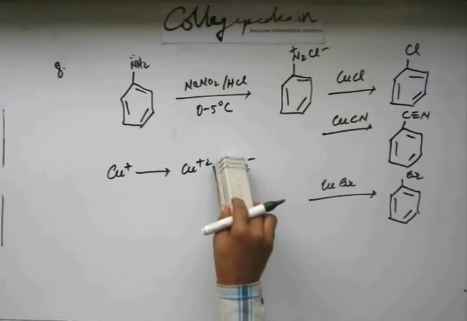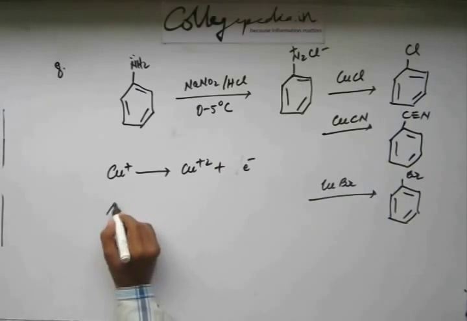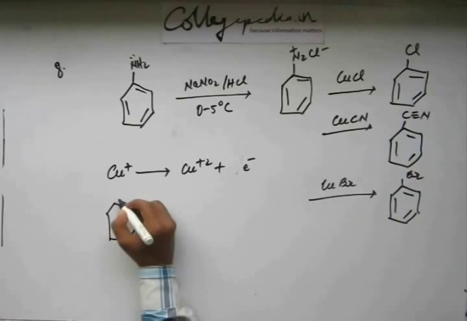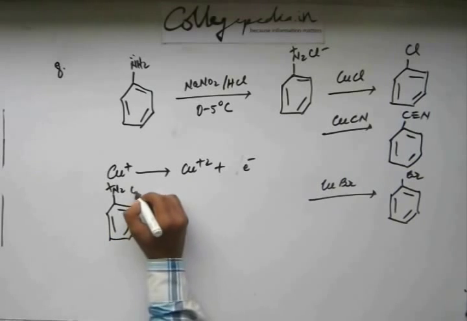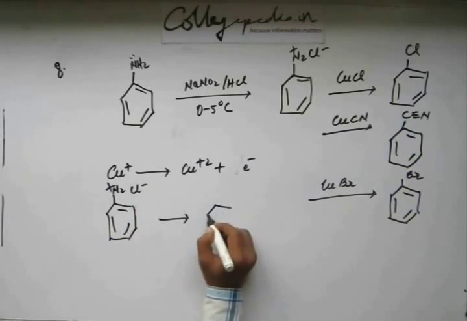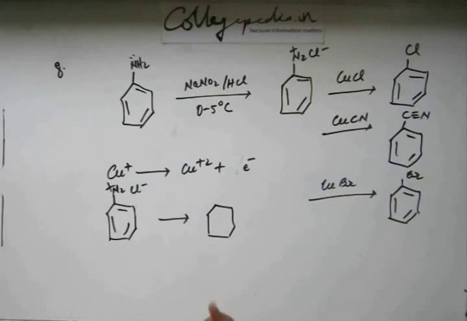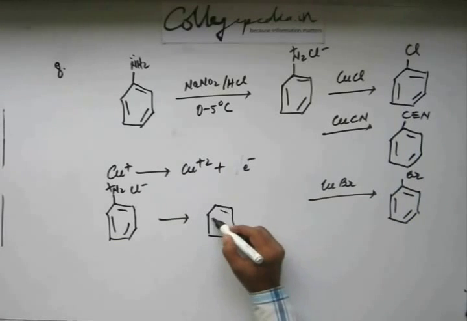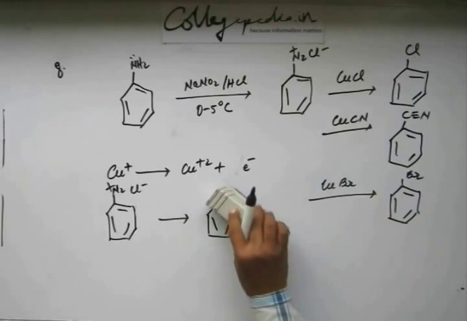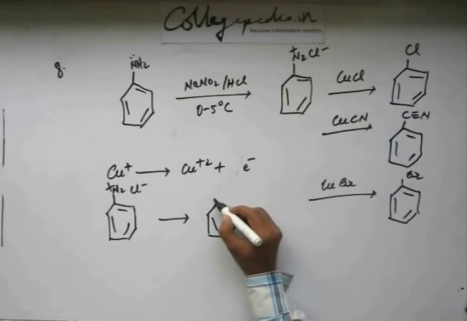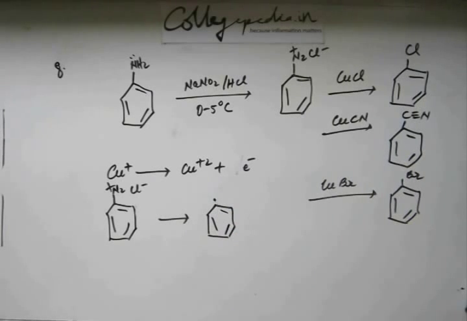That one electron goes to this diazonium salt to facilitate the removal of nitrogen gas, because when nitrogen gas comes out, there will be a plus charge formed here. When this electron goes into the orbital of carbon, that plus charge vanishes and you get a free radical which is more stable than a plus charge.